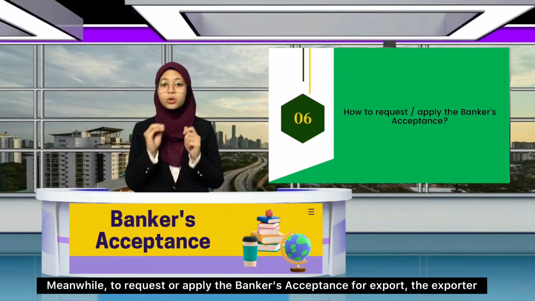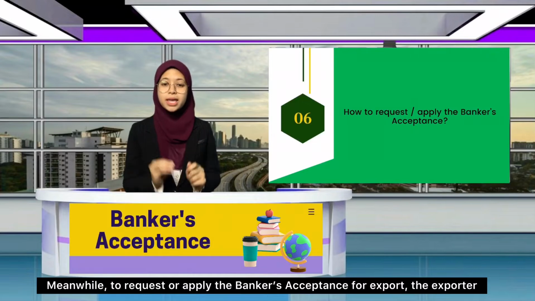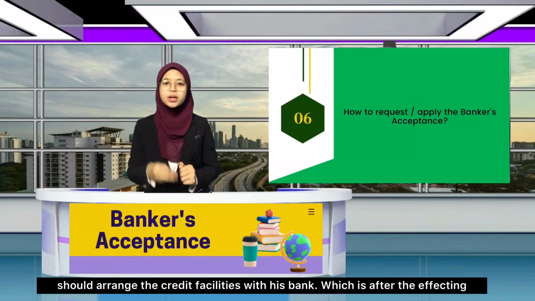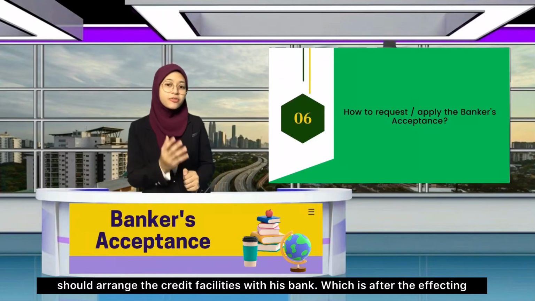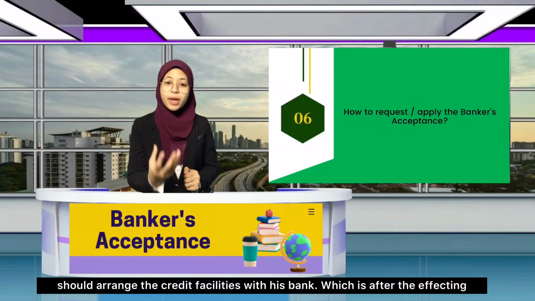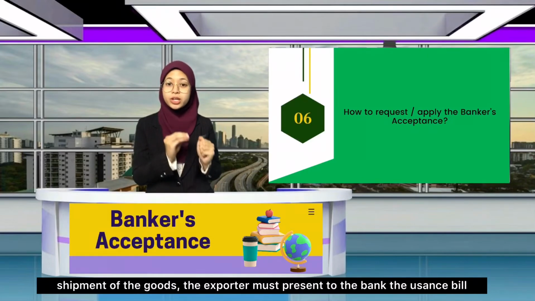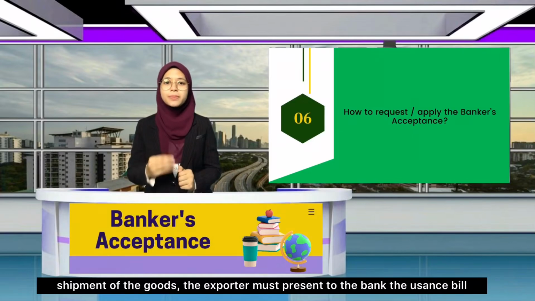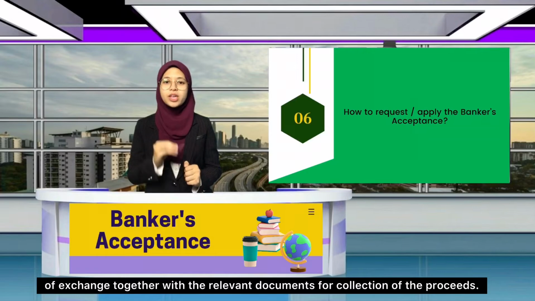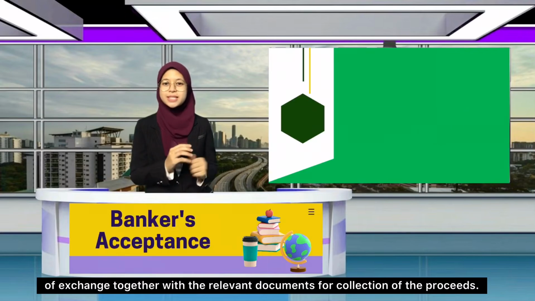Meanwhile, for export, the exporter should arrange the credit facilities with his bank, which is after effecting shipment of the goods, the exporter must present to the bank the usance bill of exchange together with the relevant documents for collection of the proceeds.